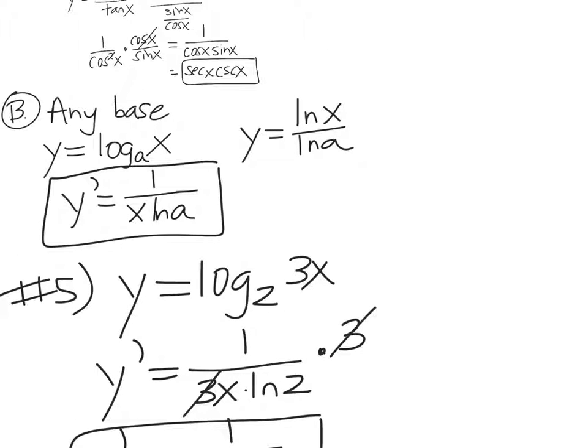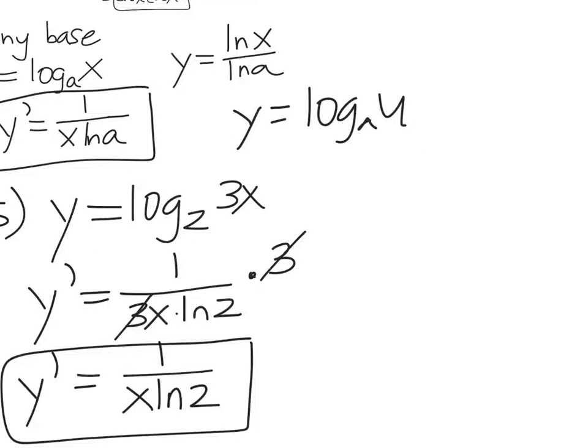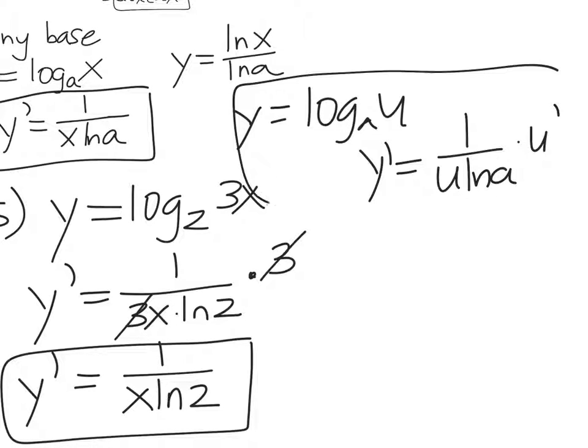Yes, I probably should have written it as u. So if you had y equals log base a of u, and you take the derivative of that, it would be 1 over u natural log of a and then times u prime. So that's what it would be for chain rule.